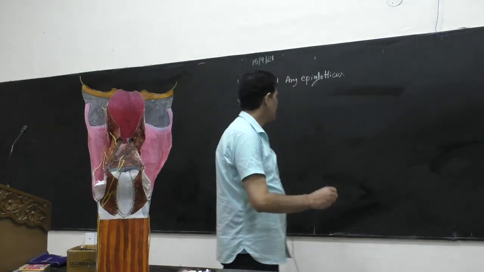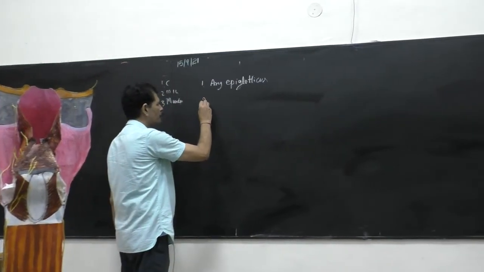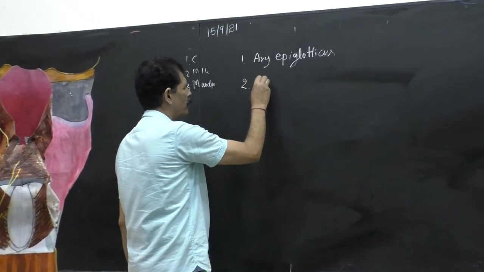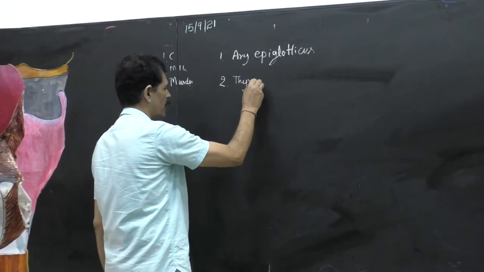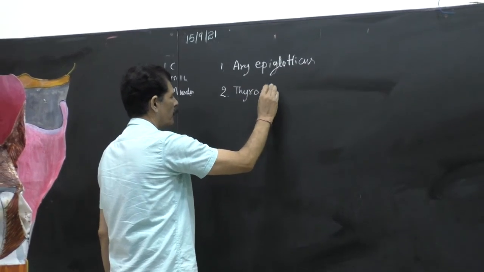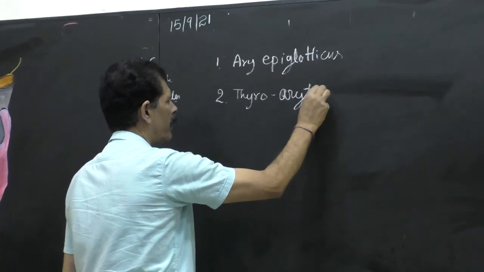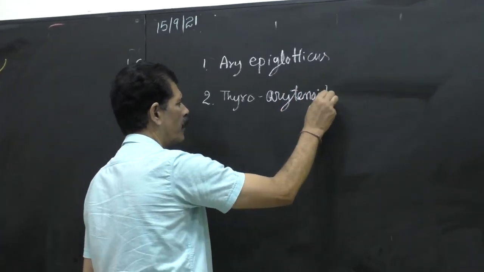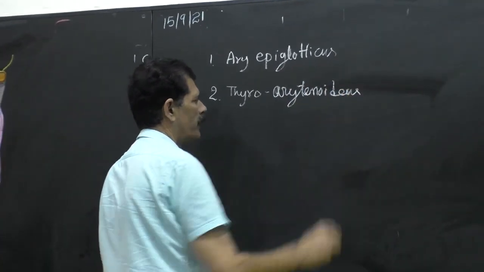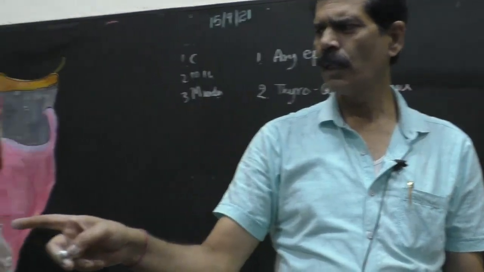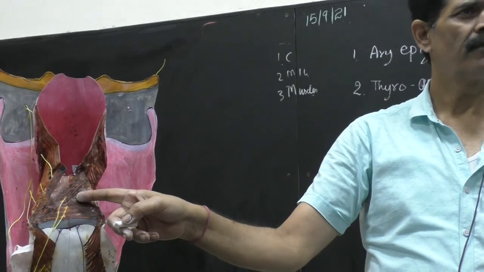The another muscle is the thyroarytenoideus. Name is suggested, from the thyroid cartilage to the arytenoid cartilage.